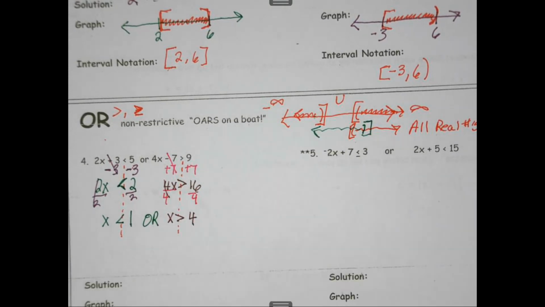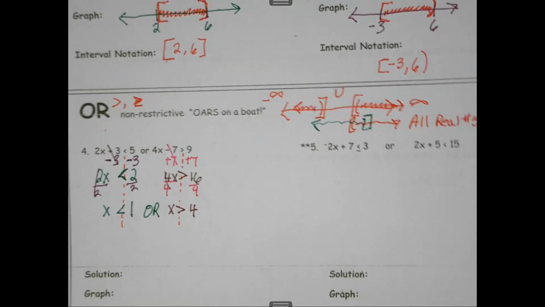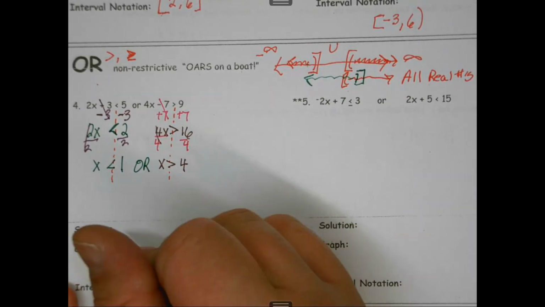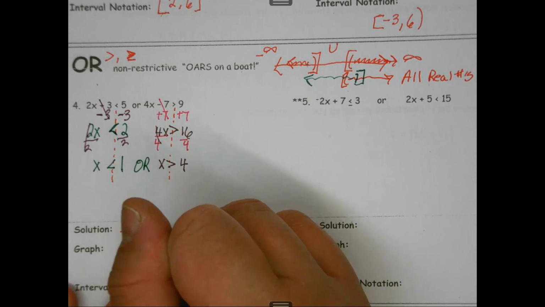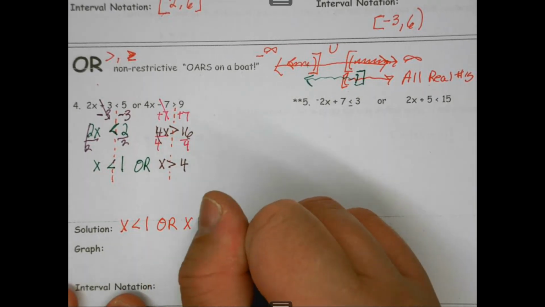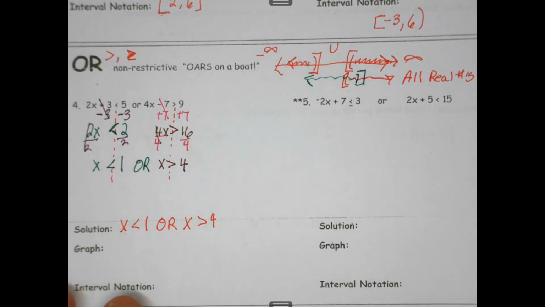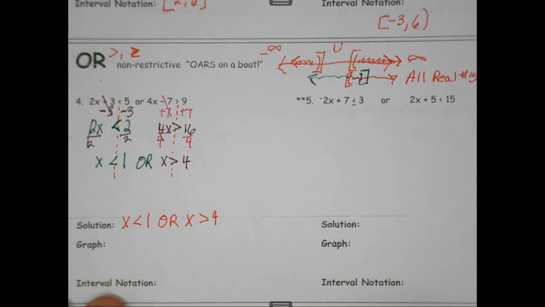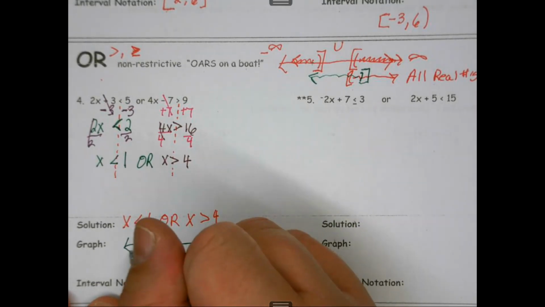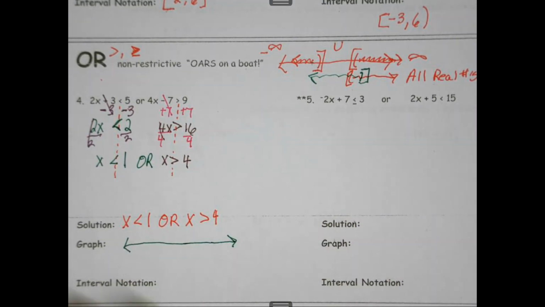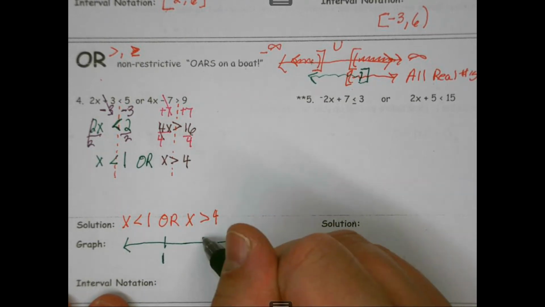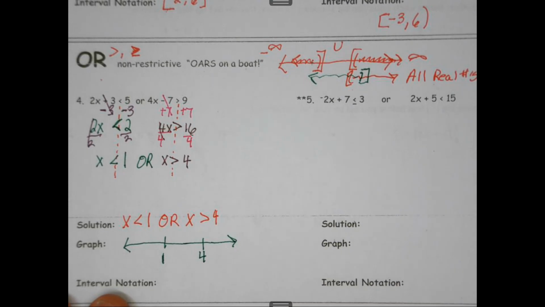My graph, I know it's going to look like boat oars. Let's see, I need a 1, and I need a 4. No equal signs anywhere, so they're going to be parentheses. This way towards negative infinity, out this way towards positive infinity.